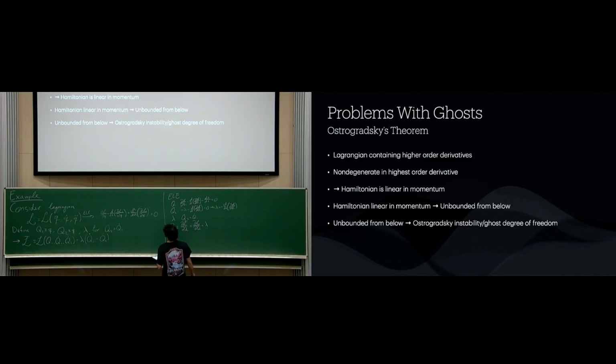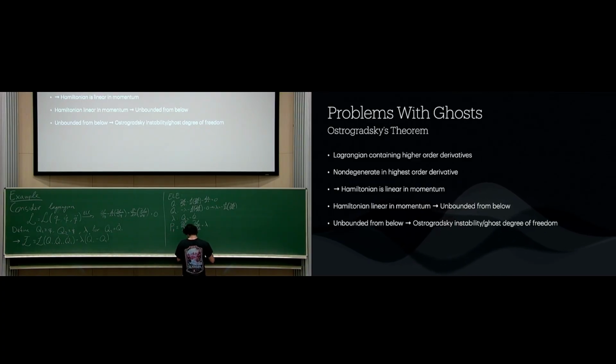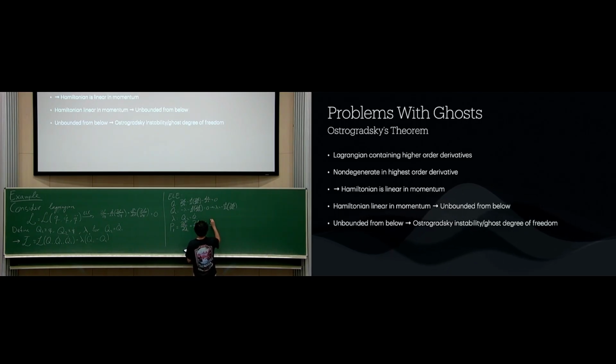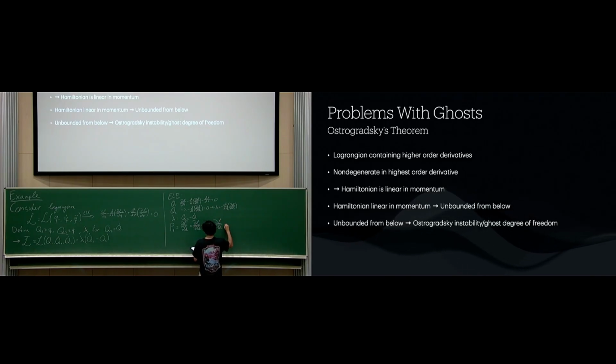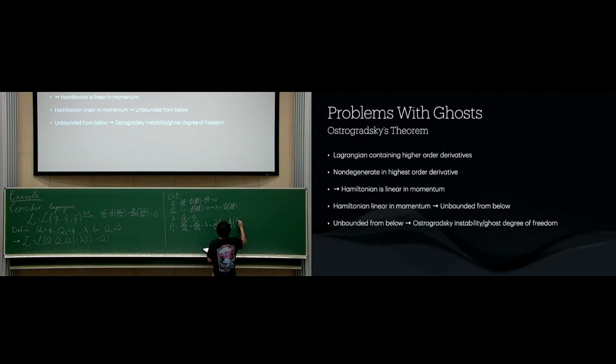If I am not mistaken. Yes. Right, which, if we impose the constraint, will be the partial of L with respect to Q2, minus d/dt, if we also use the on-shell conditions here, of the partial with respect to Q2 dot.